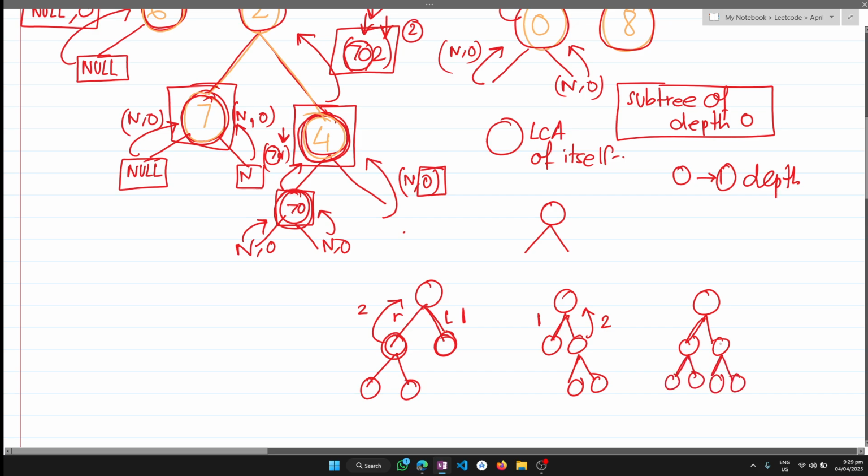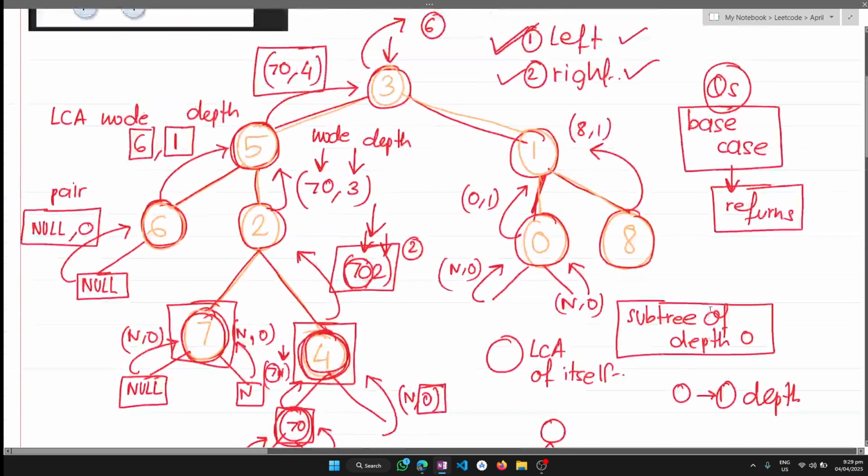What do you do in that particular scenario? For example, in this scenario, this node receives 1 from the left side, 1 from the right side. In that particular scenario, you know what you do? You return this particular node because this is the LCA of 0 and 8 both. You get it? And this is something which we know.